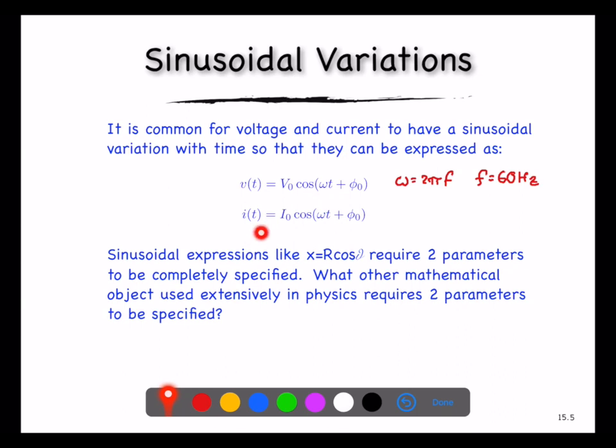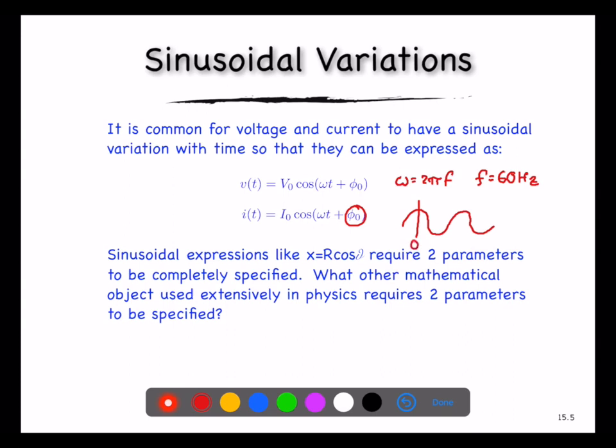Okay, so likewise we can express an alternating current as having some amplitude I naught and some time variation that we'll also write as cosine of omega t plus phi naught. So this term phi naught is used to represent where on this cosine function we are at time t equals 0. So cosine starts at a maximum.